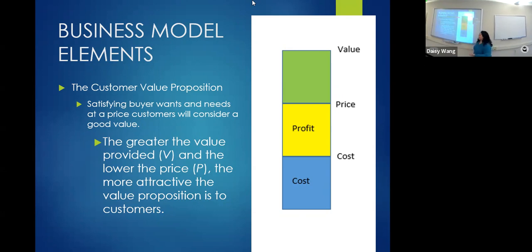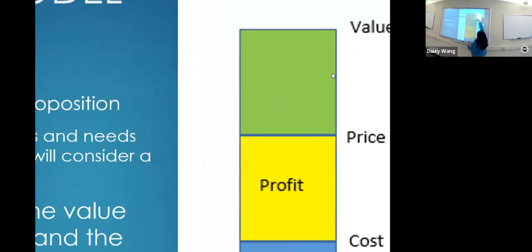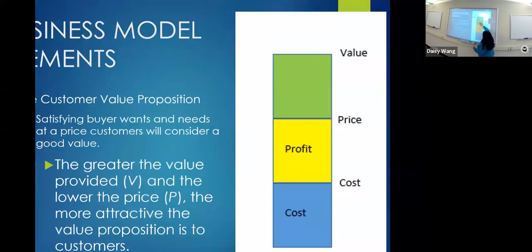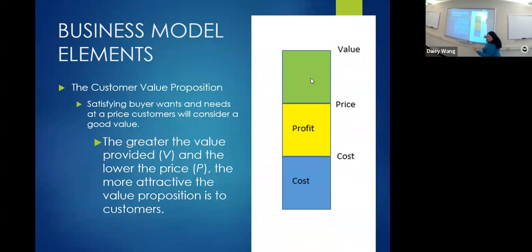So if a company is able to make the value higher, in theory, they will be able to make the price higher, right? And of course, our goal is to maximize the profit. So we can increase the value and then increase the price.